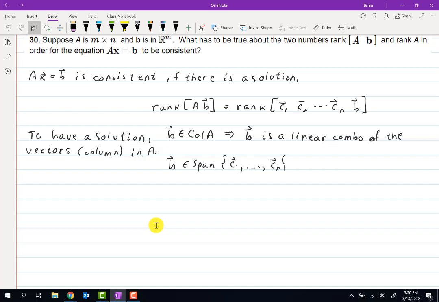But that's no different than the span of C1 up to Cn and then attaching B, because it just gets absorbed by the C's. So the rank of A with the B vector attached is the same as rank A.